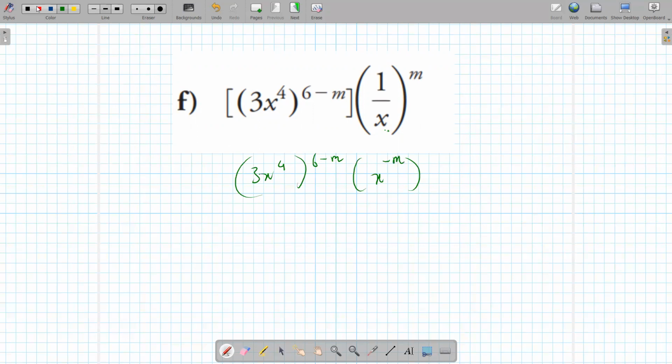Here's another question. Can you open this bracket? Yes, you can. What if it was 3 plus x to the 4 to the power of that? Can you open this bracket?